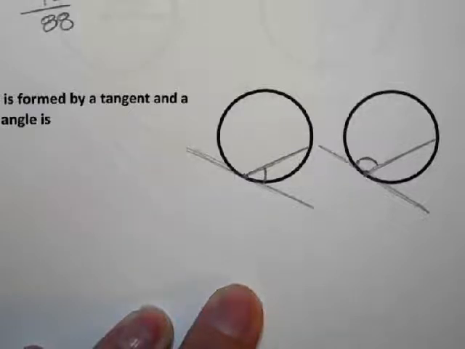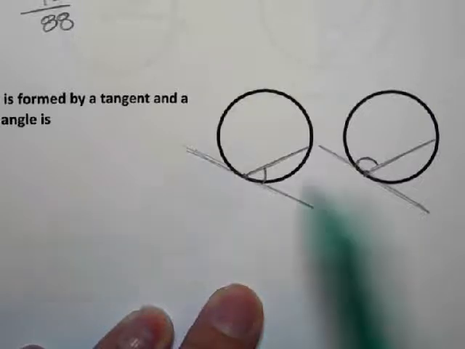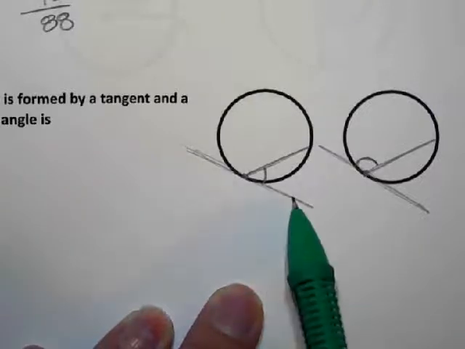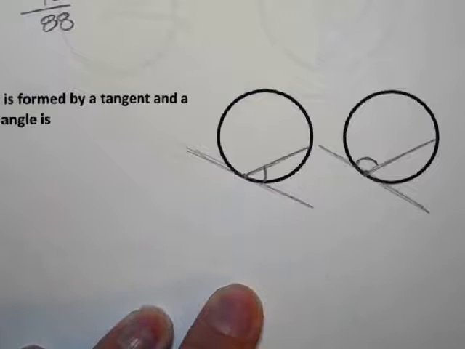You can see that part of the angle is outside the circle, but in my head, even though it's not called an inscribed angle, I still think of it as an inscribed angle because it still kind of works the same. Okay? So if you want to say the fake inscribed angle or the faux inscribed angle, like F-A-U-X, the faux inscribed angle, the fake inscribed angle, I will let you guys do that because that's essentially what it is. Okay?